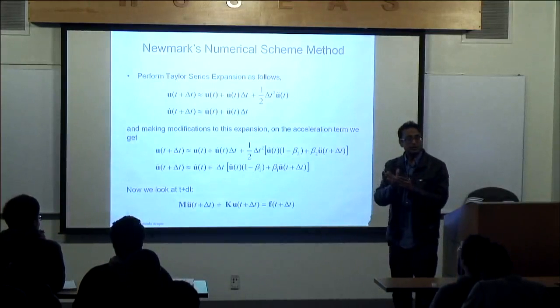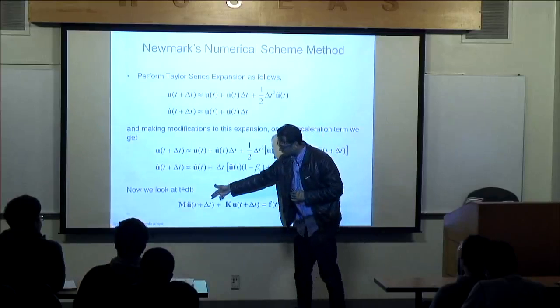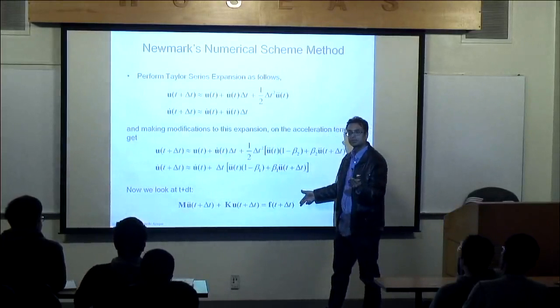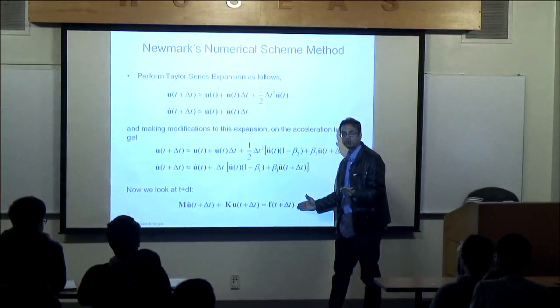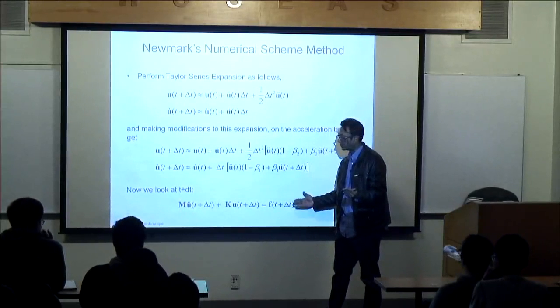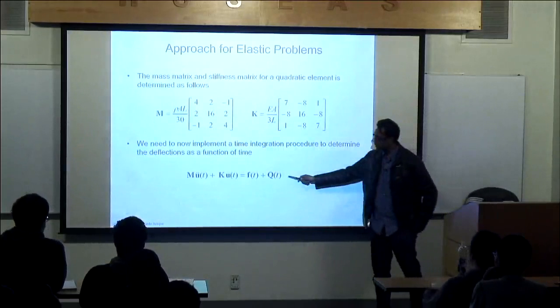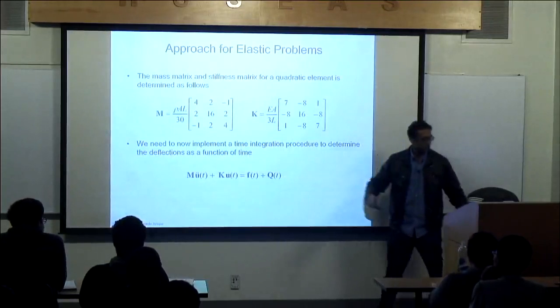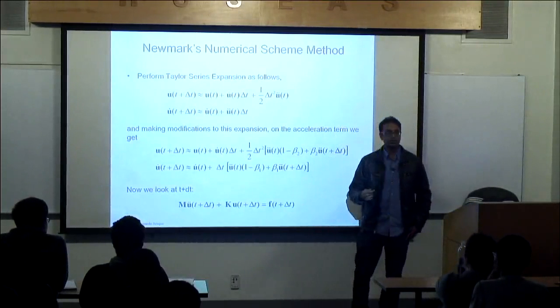So just like last week, we looked at the differential equation at time t plus delta t. Everybody agrees that we want this equation to be true. This equation here was true at time t. I want this equation here to be true at t plus delta t. I really want that.